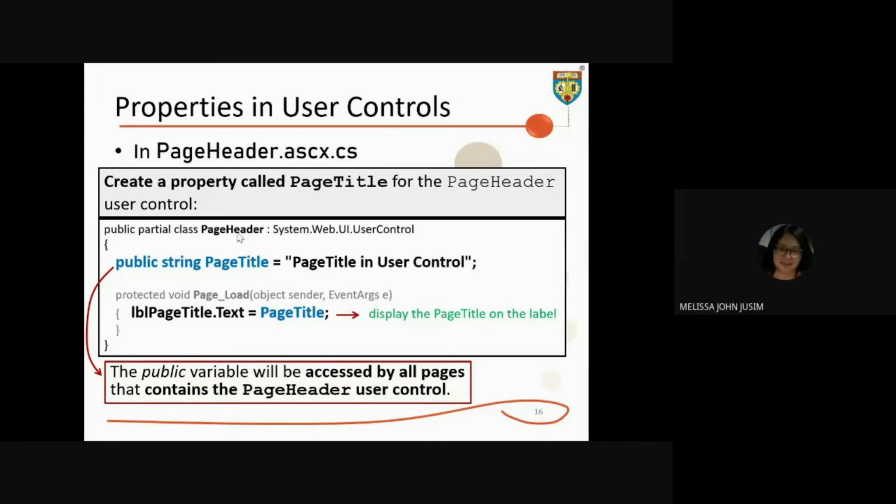All right, so when you load the page, say you want to use this page title property, then you can display it on a label. Say you have a label page title dot text. That is how you display the page title on the label.